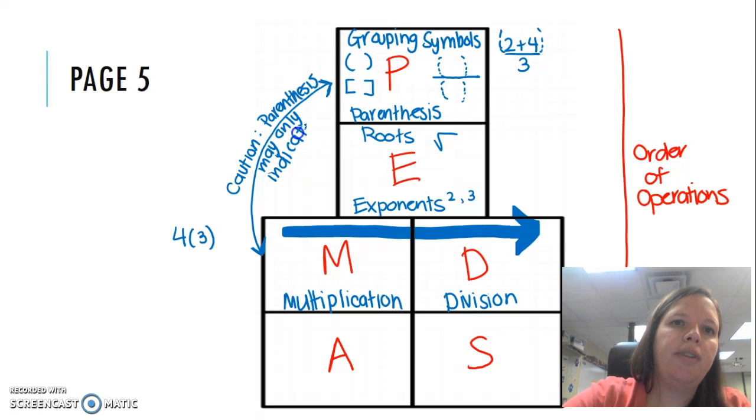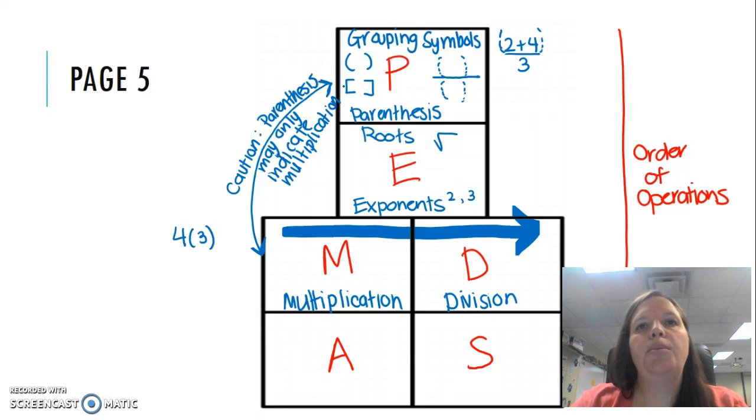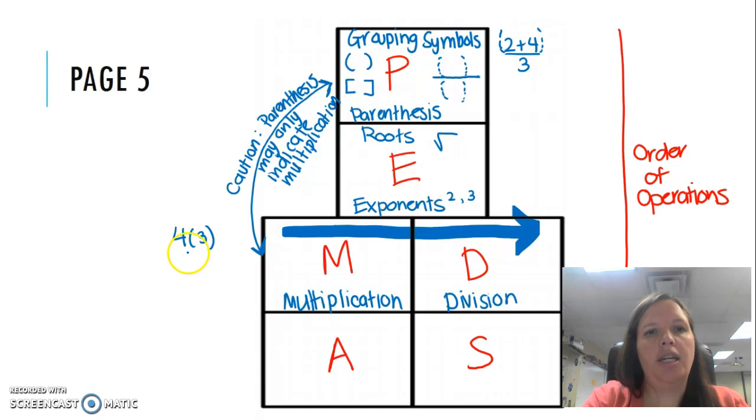You have to watch out for that, because sometimes people forget that multiplication may be indicated and that the parentheses are not actually grouping something. So that parentheses is just showing multiplication right here. It's not actually grouping anything.